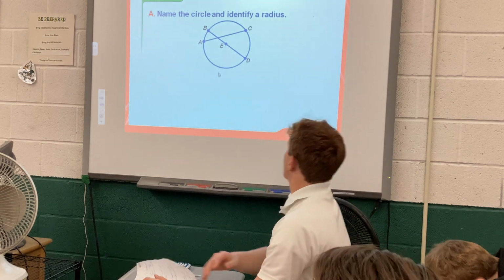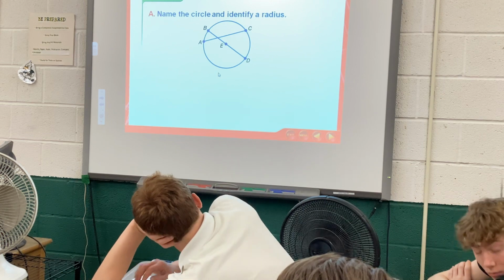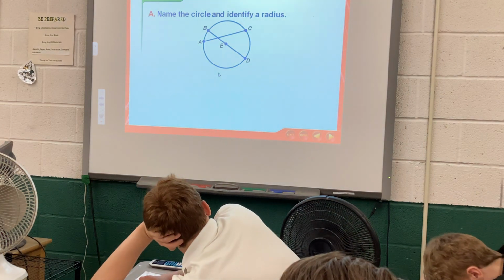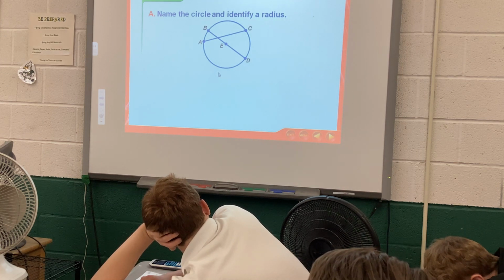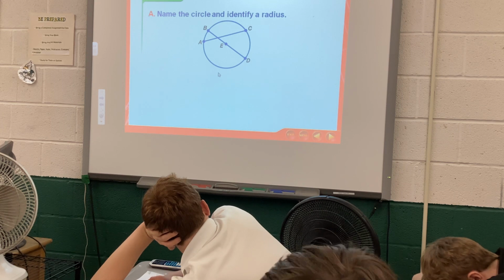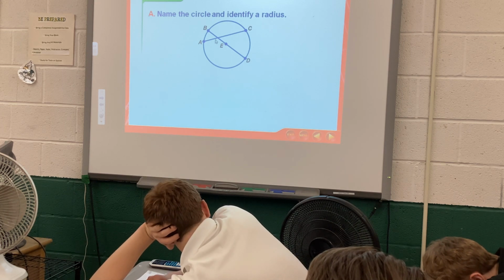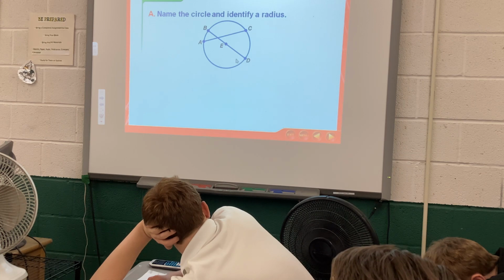Exactly right. And so, do I know that BE and AC have a relationship? No, because AC would be considered a what? It's a chord, right? But we really don't know anything about that chord. But we would know that BE is equal to ED, right? Because they form a diameter.